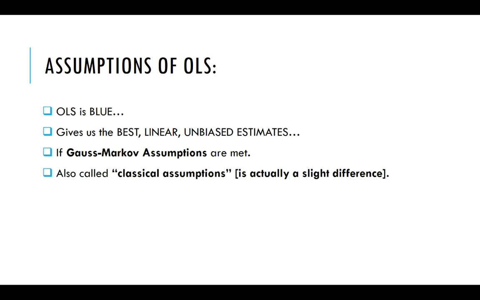For the most part, there's actually a slight difference between the two, but this is not something we care about for this class. These can get really technical, so we're not going to go through all of them, but I want to introduce you to a few of the ones that will help us make some sense of this. So again, ordinary least squares is BLUE, assuming that we meet this set of classical assumptions.